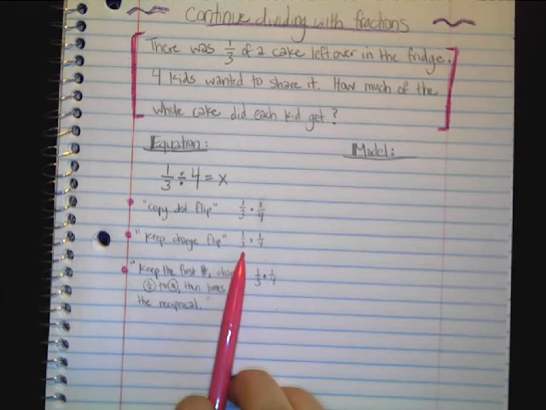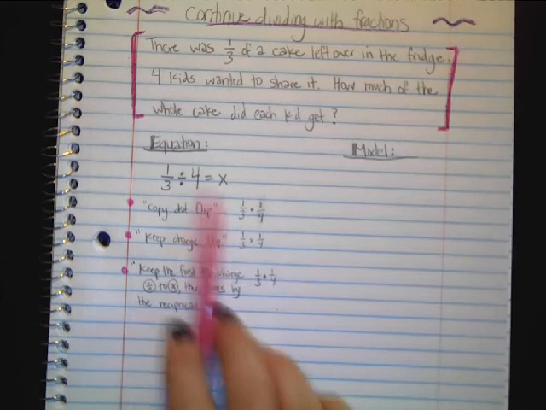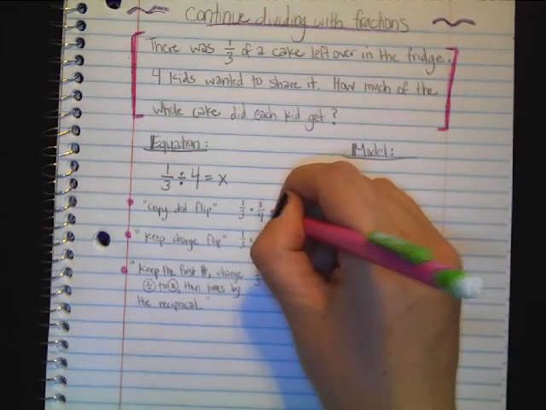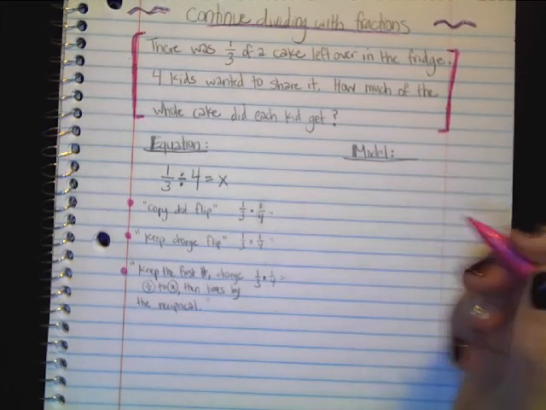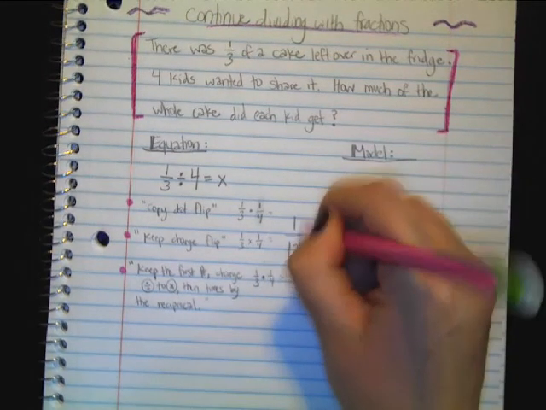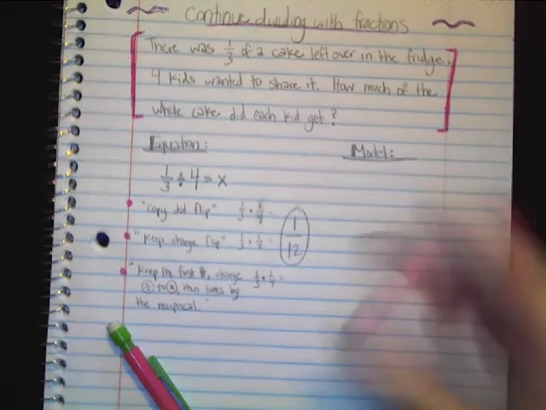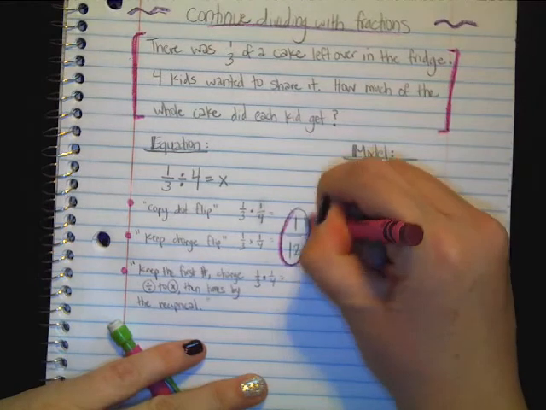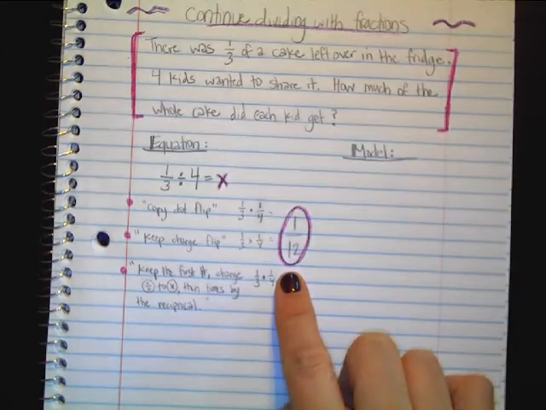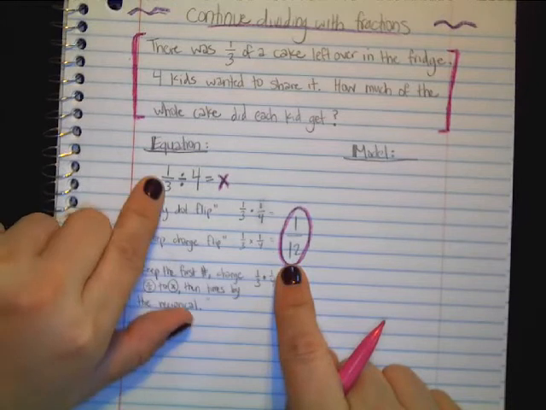So I just walked through all of these so that you would know any of them that we refer to. If we say keep, change, flip, that's exactly what we're doing. All of these are the same. So the answer to all of these problems, every single one of them, is 1/12. That is the answer to all of those problems that we just did.